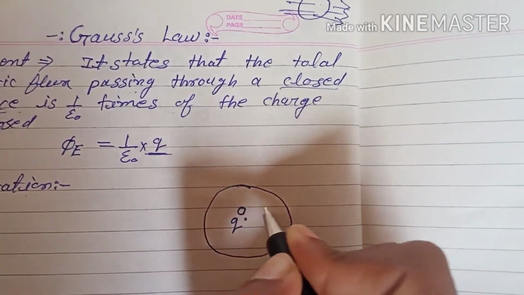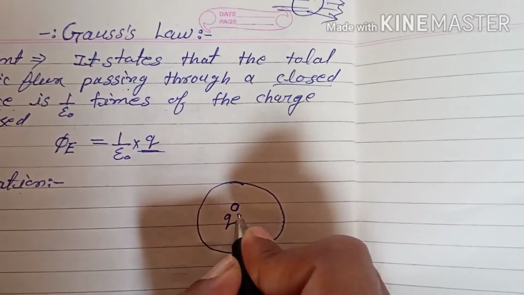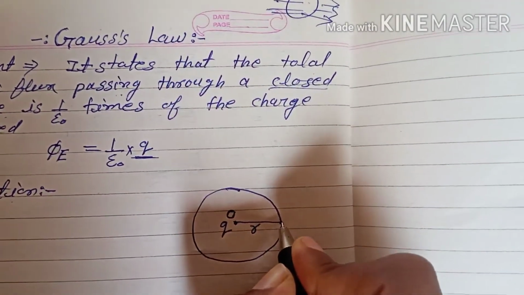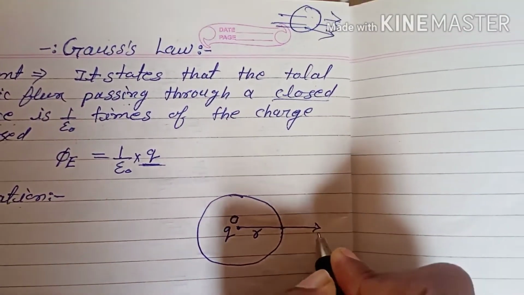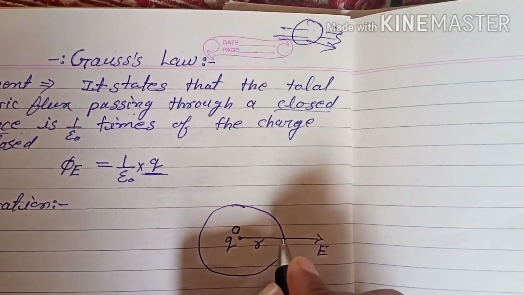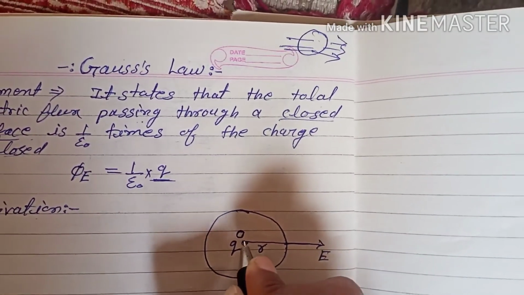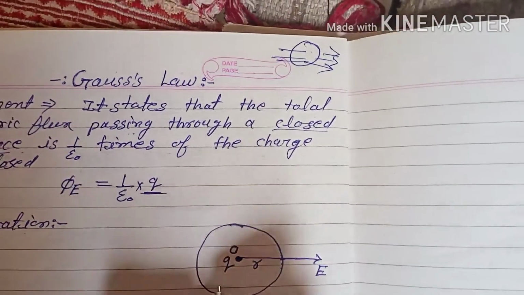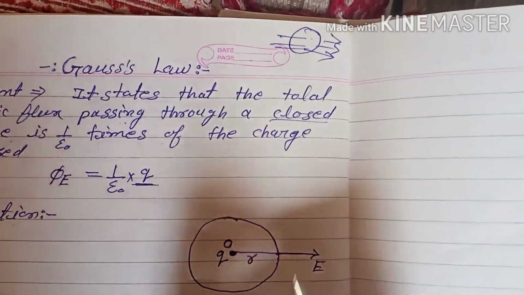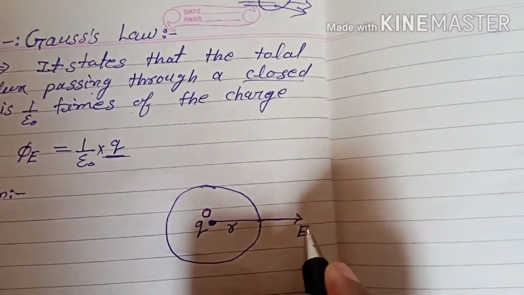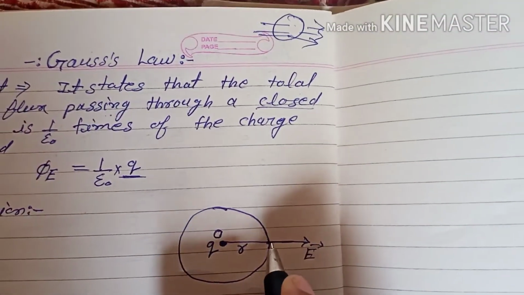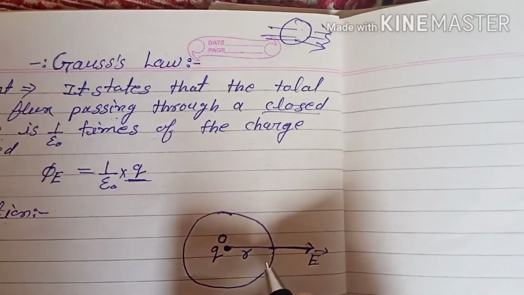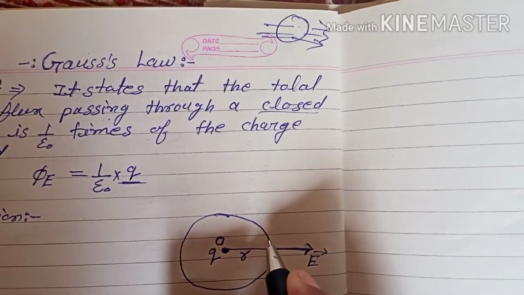O is the center of this spherical surface. The radius of this surface is R, and the electric field is perpendicular to this closed surface, which is a sphere.